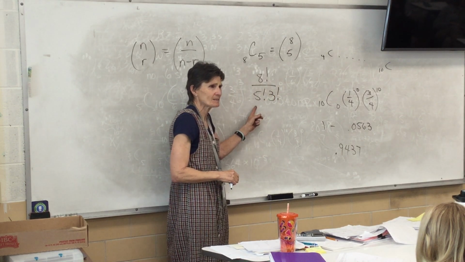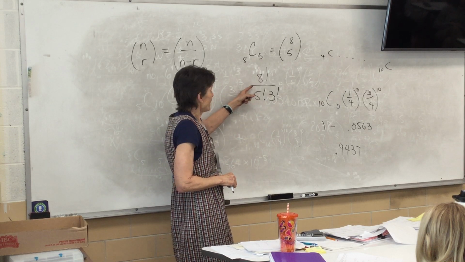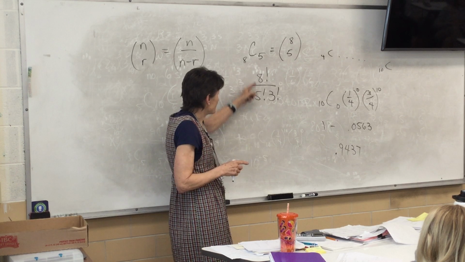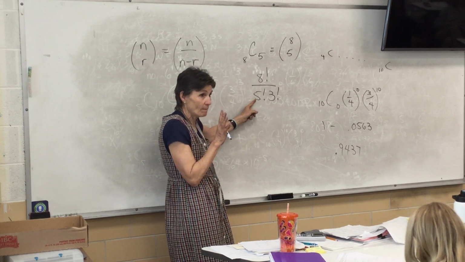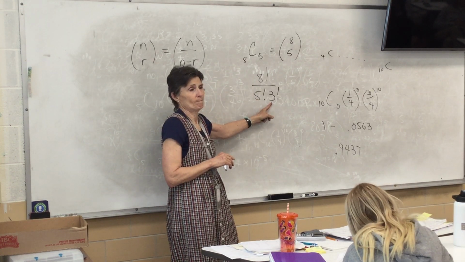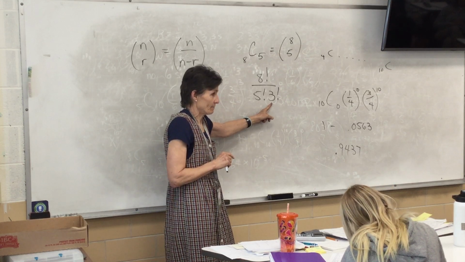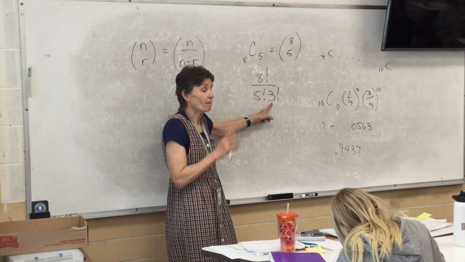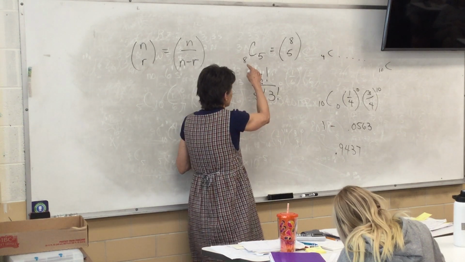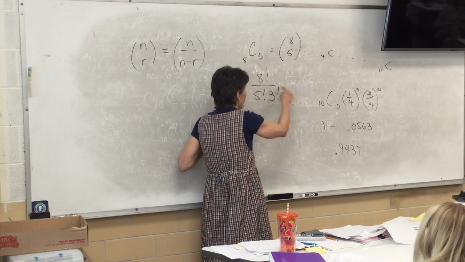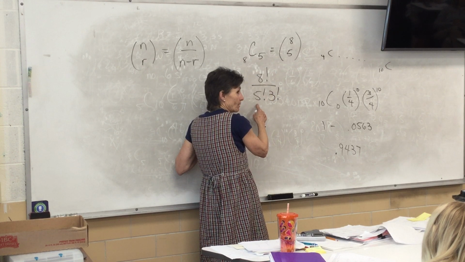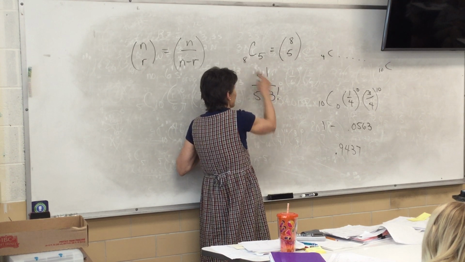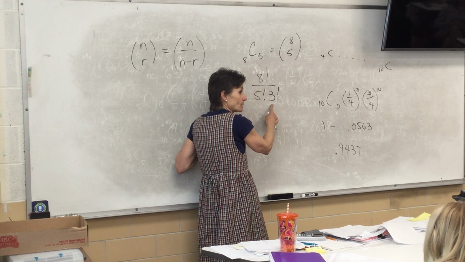You sure we didn't talk about this? Okay, well, you know where the 8 came from. And you probably know where the 5 came from. Where did the 3 come from? 8 minus 5. So when you do a combination by hand, it's the first number over the second number, and then also over the difference of the two numbers.